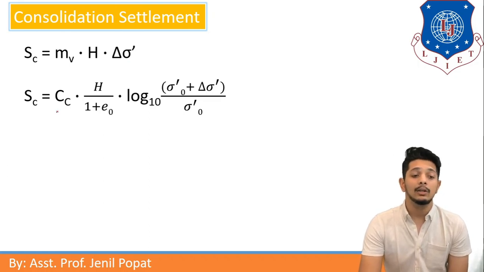Again SC is equal to CC, that is compression index, into H by 1 plus E0 into log 10 base sigma 0 dash plus delta sigma dash upon sigma 0 dash. Now sigma 0 dash is the initial effective pressure, delta sigma dash is the effective pressure difference, H is thickness here and E0 is the initial void ratio here.